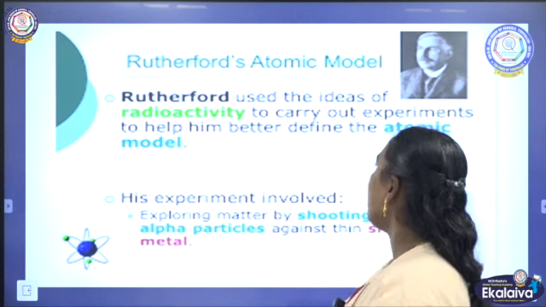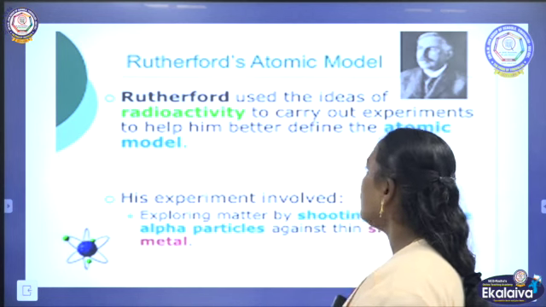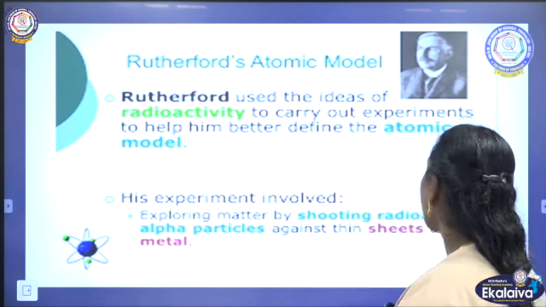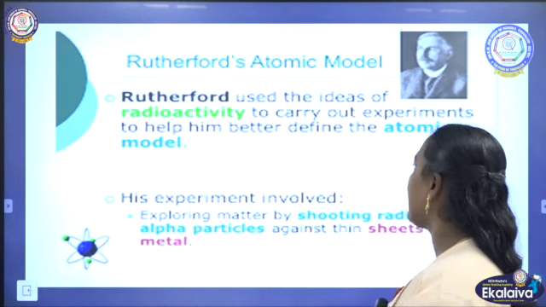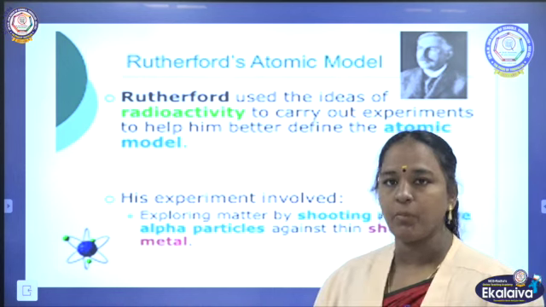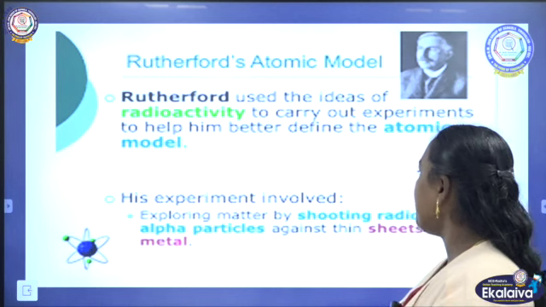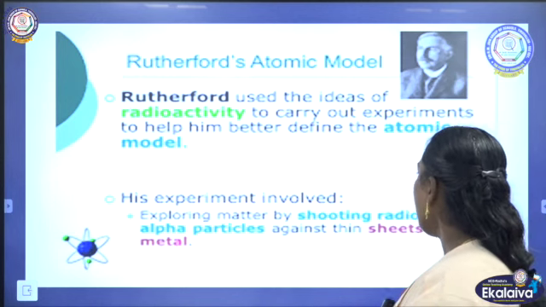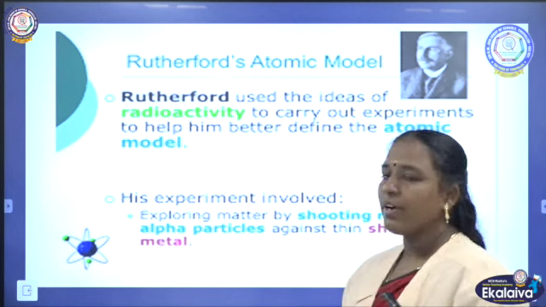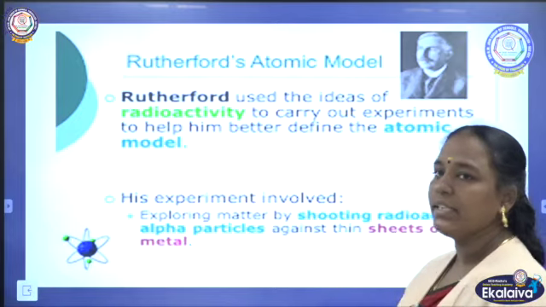Rutherford used the idea of radioactivity to help him give a better definition for the atomic model. The experiment involved shooting radioactive alpha particles at a golden sheet.